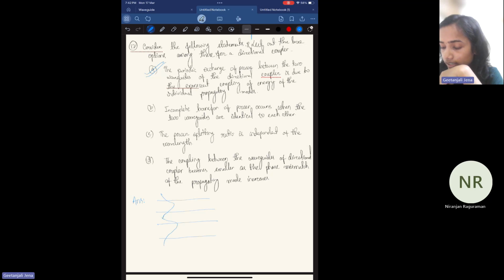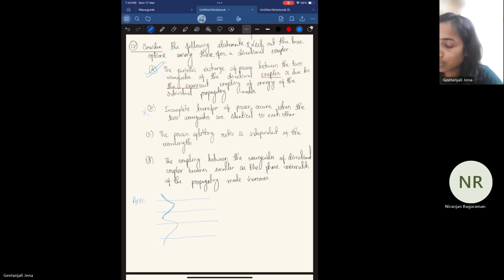And these evanescent tails interact with each other, which gives periodic exchange of power between these two waveguides. B, I think, is false. B is false because complete transfer of energy will take place.